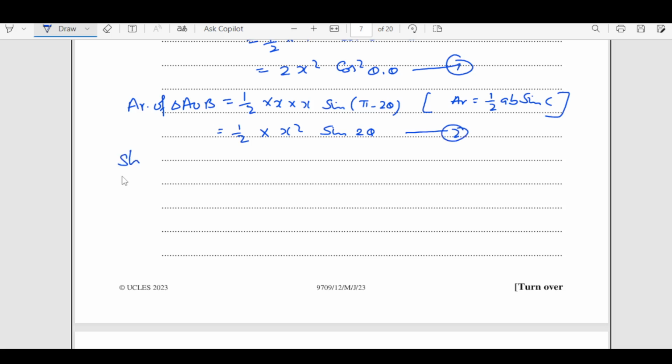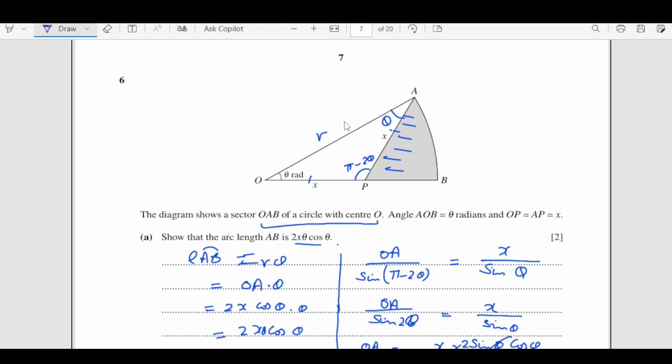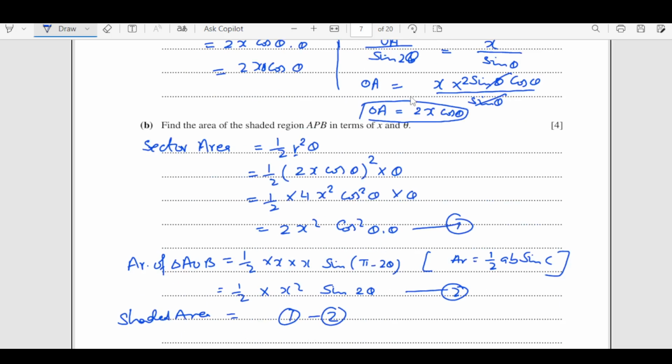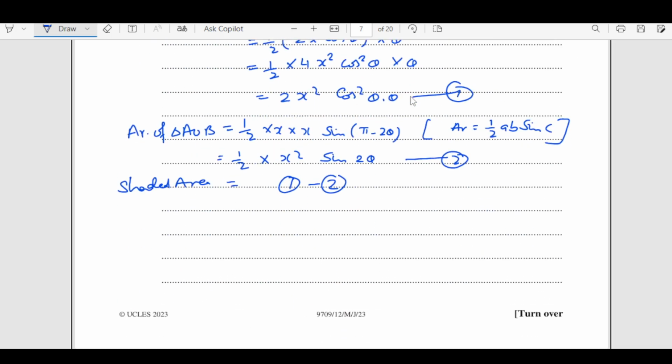Now, the shaded area is going to be equation 1 minus 2, that means the area of the sector minus the area of the triangle will give us the area of the shaded part. So, we are going to subtract these two. So, this is 2x squared cos squared theta times theta minus half x squared sine 2 theta, right.